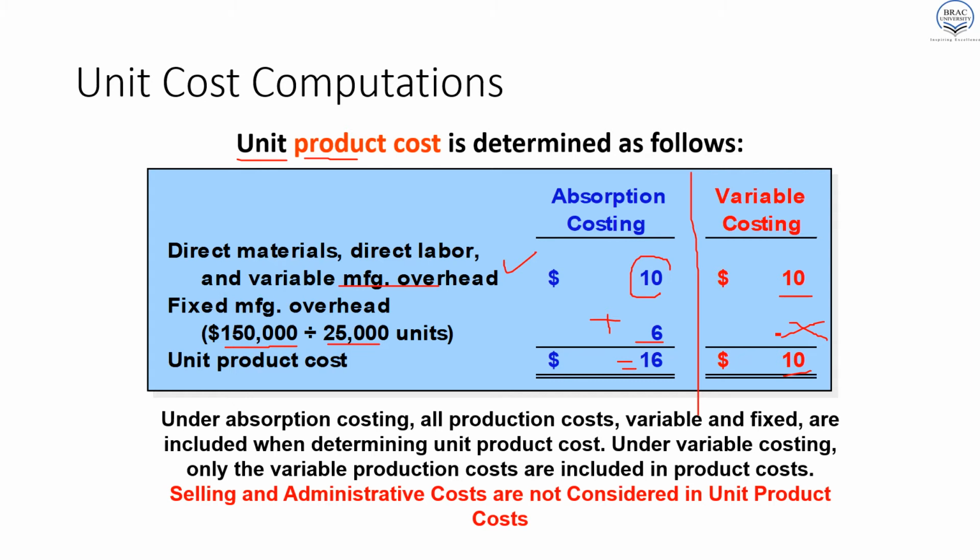Here I have written some information. This is what we have already talked about: in variable costing, we don't include anything from the fixed manufacturing overheads. So this is variable. Another way, if you get confused about what to include or not, look at the terminologies. This is called variable and this is fixed.